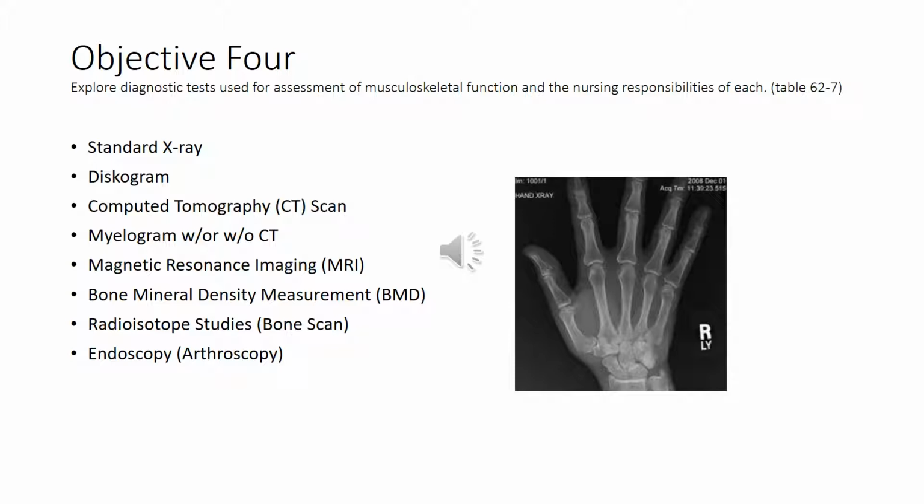After an 18 gauge or larger needle is inserted into the joint, the fluid is then withdrawn and put into a sterile container, which is sent to the lab. Patients with inflammatory joint conditions like rheumatoid arthritis and osteoarthritis can be treated according to the results of this.